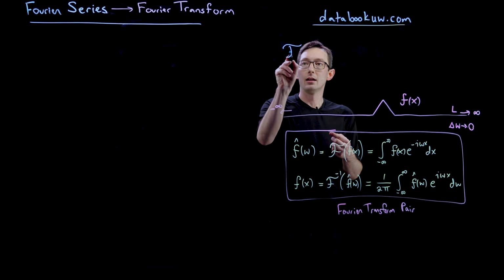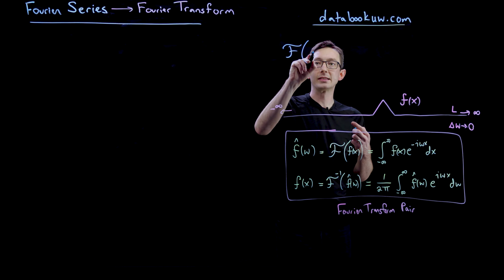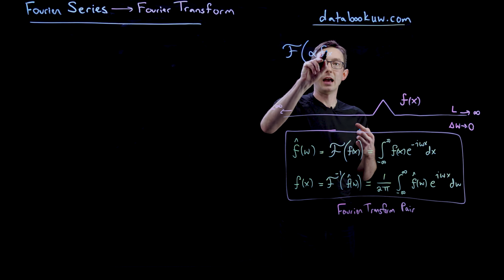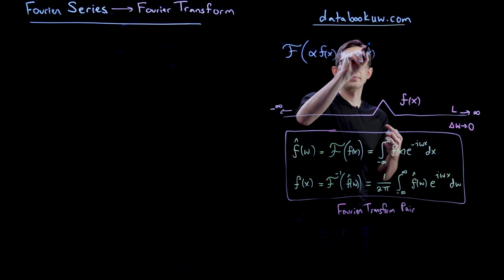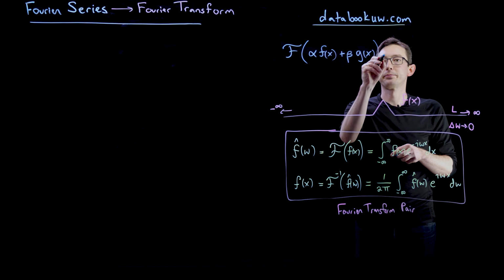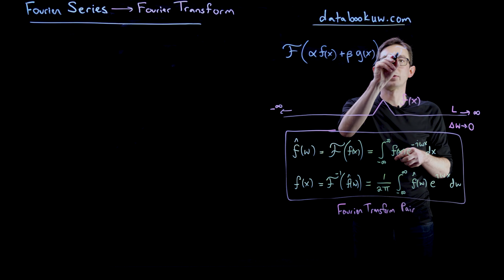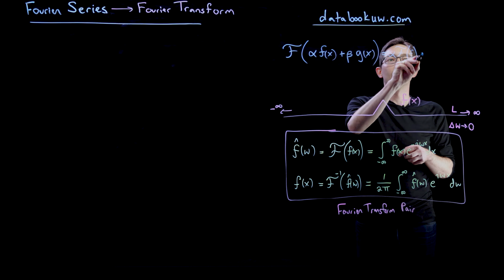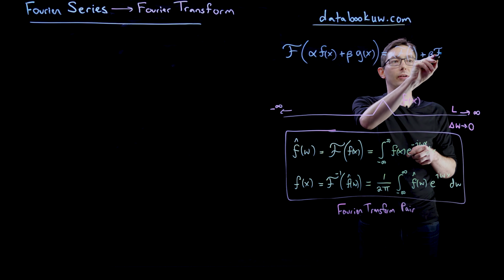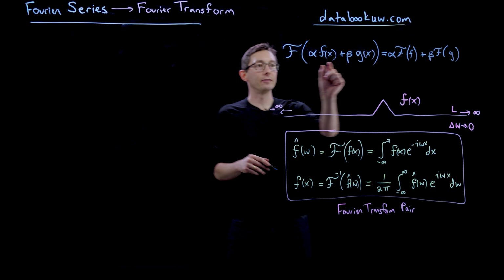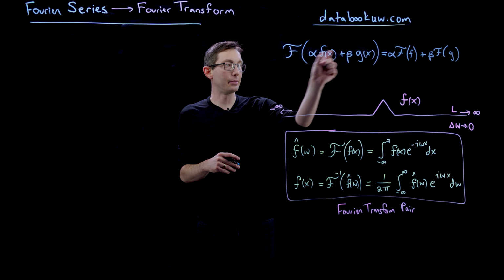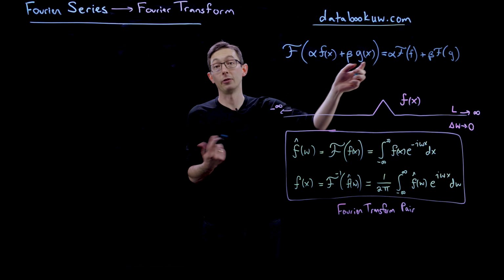So if I take the Fourier transform of some alpha f of x plus some beta g of x, this is going to equal alpha times the Fourier transform of f plus beta times the Fourier transform of g, for all functions f and g and for all real numbers or complex numbers alpha and beta.